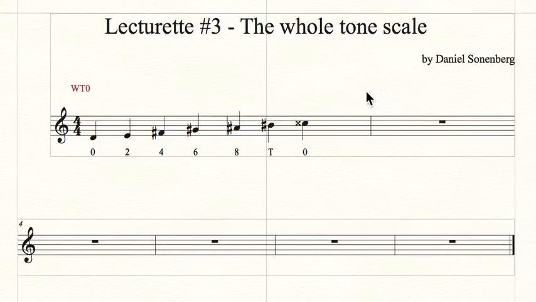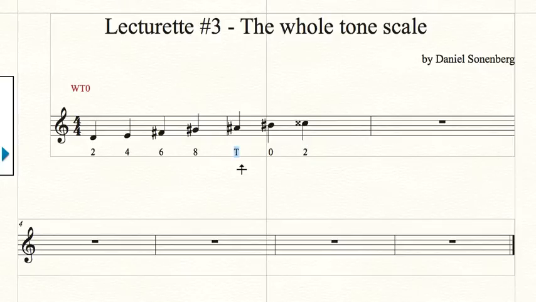And now I have a horribly spelled version of this scale, and I have to change my little annotations here, but 2, 4, 6, 8, T, everybody's favorite spelling of 0, B sharp, and everybody's absolute favorite spelling of integer 2, which is C double sharp.